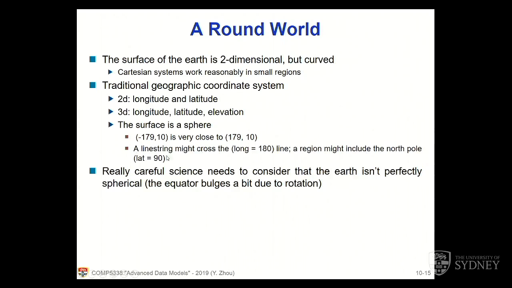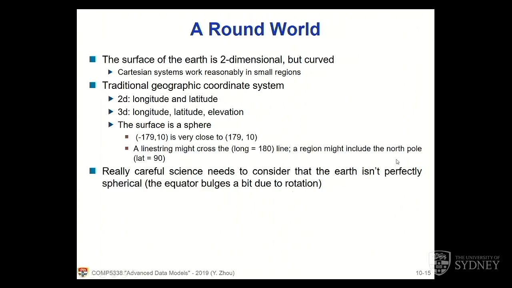And then a line string might cross the 180-degree longitude line, and when you calculate the distance, you might have to calculate on two sides and then add them together.